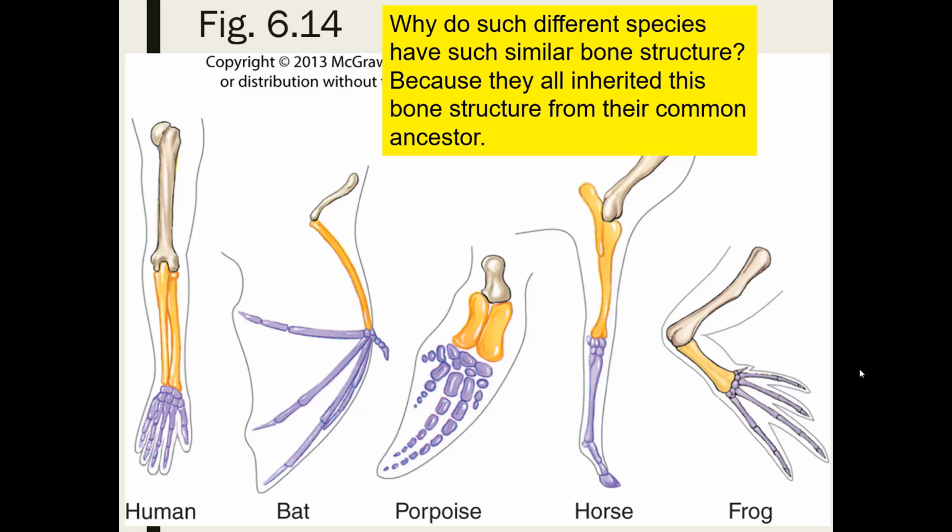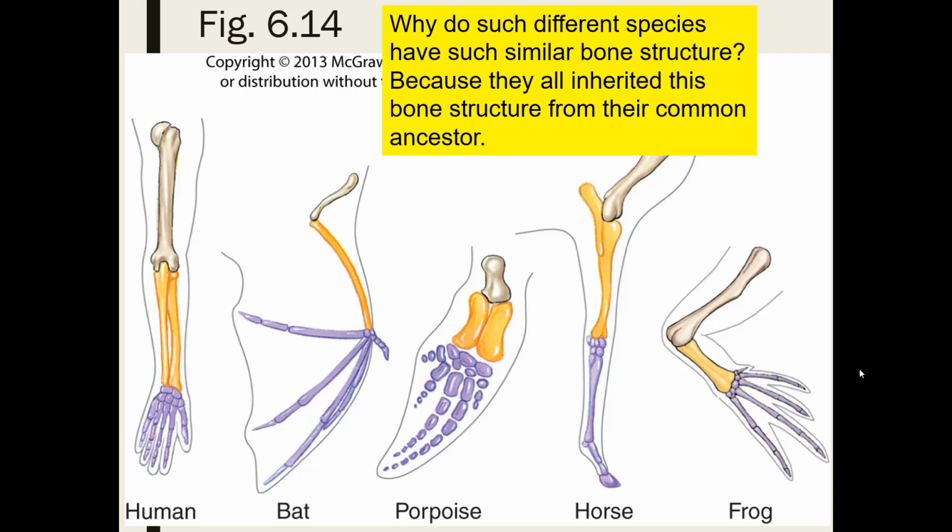And so the classic example is your appendages, your arms, your legs, right? So here we've got several mammals, but also an amphibian, but all vertebrates. And these are very different organisms: humans, bats, porpoises, horses, frogs.